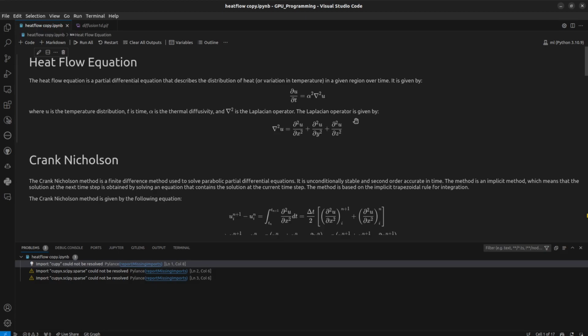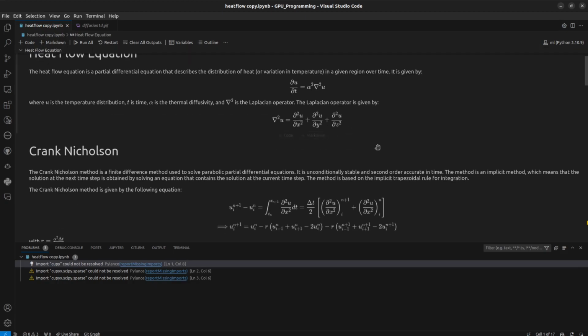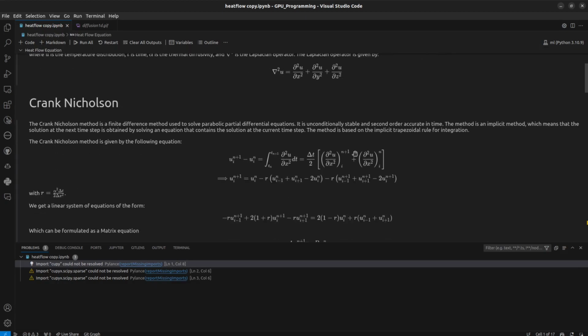Okay, now that we know what we are going to solve today, we need a method of solving these kinds of equations. And the method that we're using today is the Crank-Nicolson scheme.